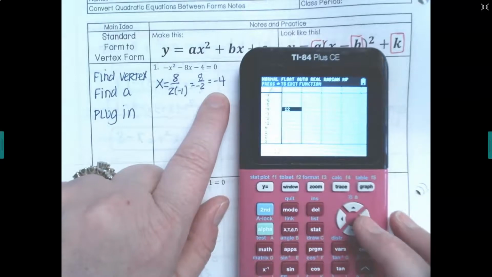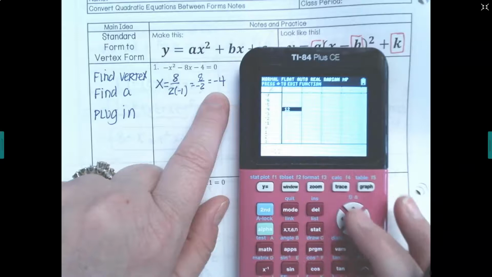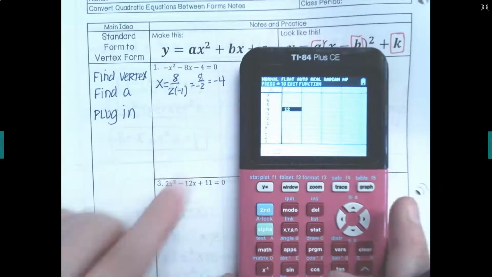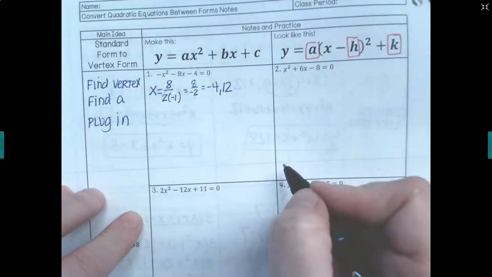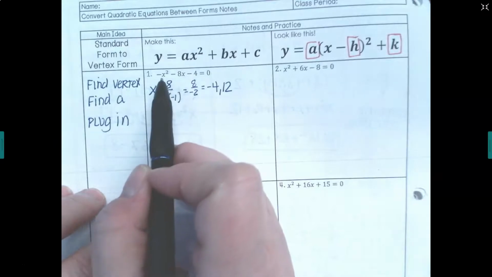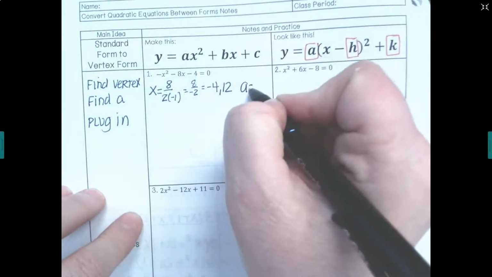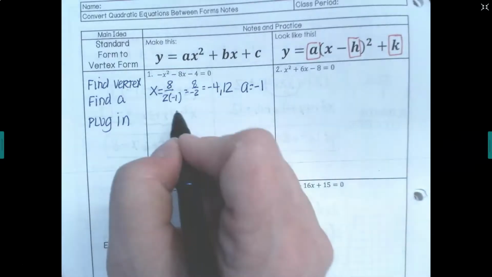My y value there is 12, and I always check above and below to make sure it's the same number above and below, so I know I'm at the vertex. So we have negative 4 and 12, and my a value is right out front. See, a. What is the number out front? A is negative 1.